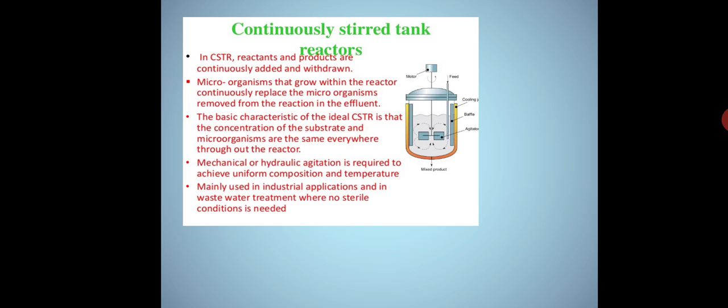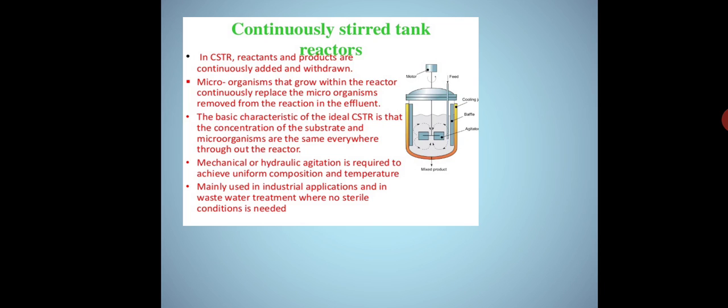Now, what is CSTR? As the name indicates, continuous means that nutrients are continuously being added and there is formation of the product. Stirred stands for mixing. Here mixing has been provided.